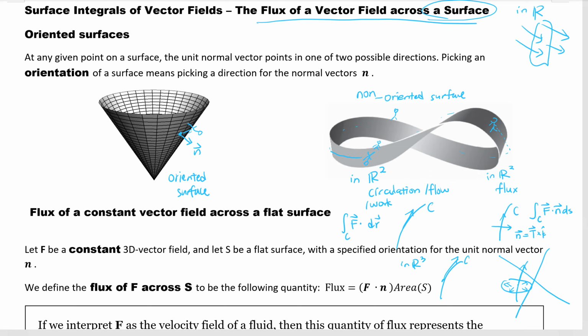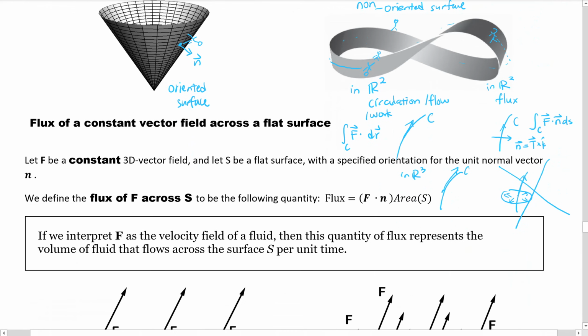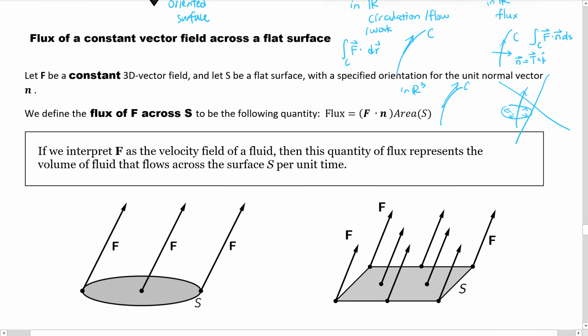Okay. So the flux of a constant vector field along a flat surface. Let F be a constant three-dimensional vector field. Let S be a flat surface with a specified orientation for the unit normal vector n.